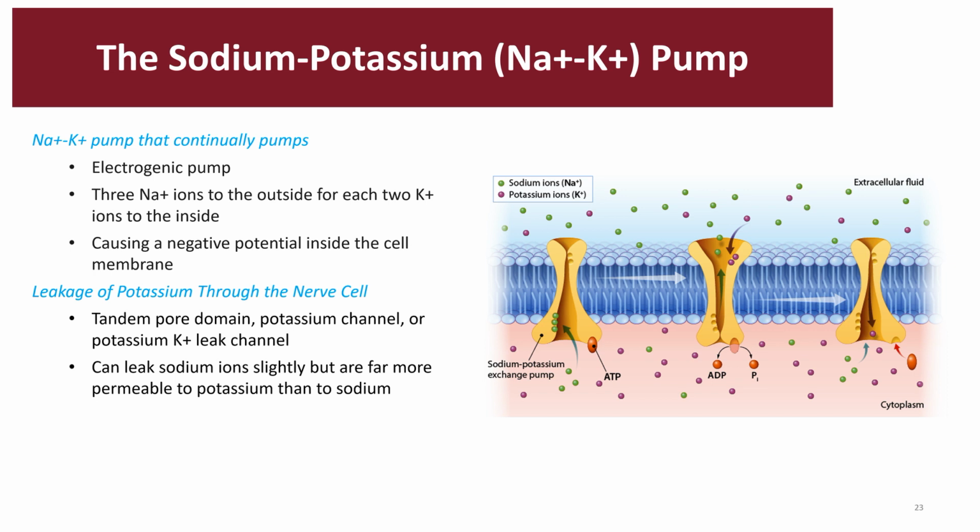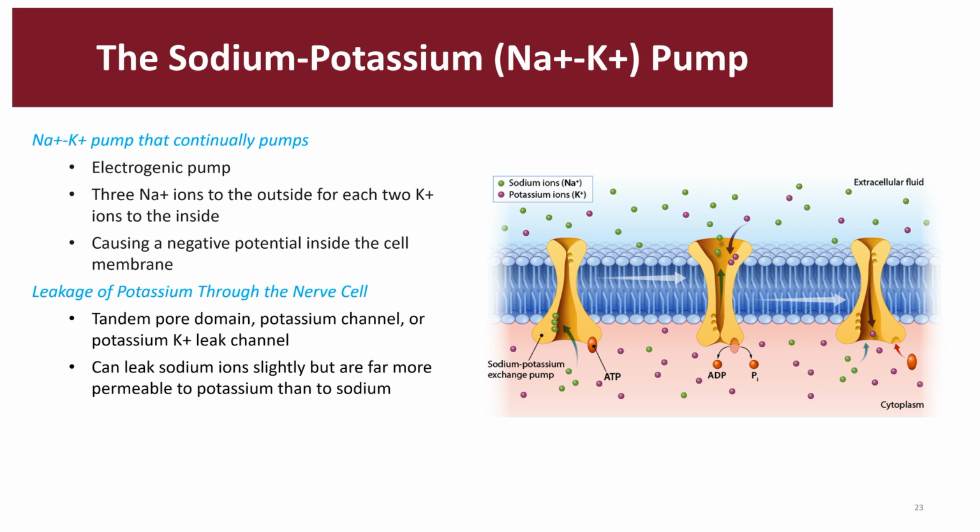The RMP is chiefly a consequence of the movement of ions across the membrane, but we also have to take into consideration that there are plenty of leak channels, leak potassium and leak sodium channels. The leakage channel for potassium in the nerve cell is probably the most important part. These channels are also called the tandem pore domain potassium channels, better known as leaky potassium channels, and they have a higher affinity to allow potassium to go through than sodium, even though sodium can go through the same channel.